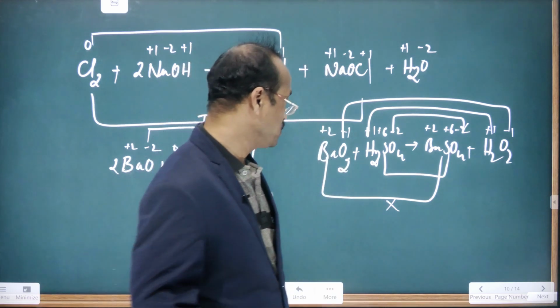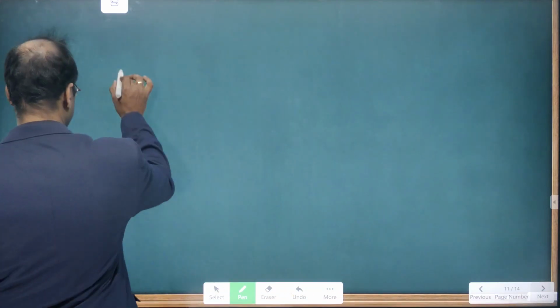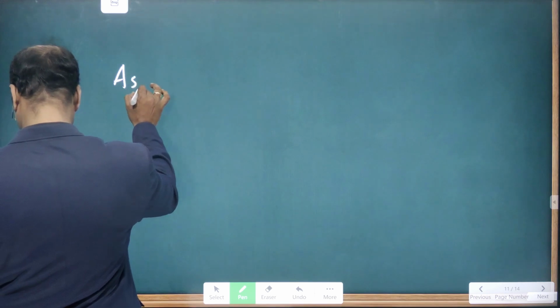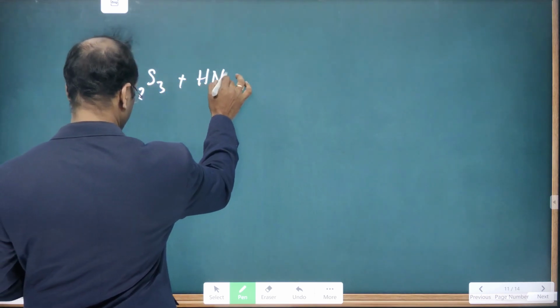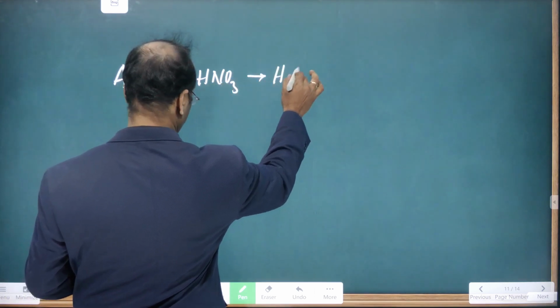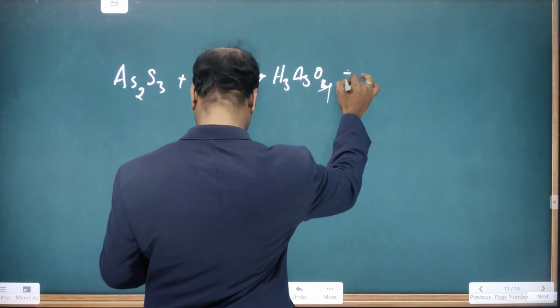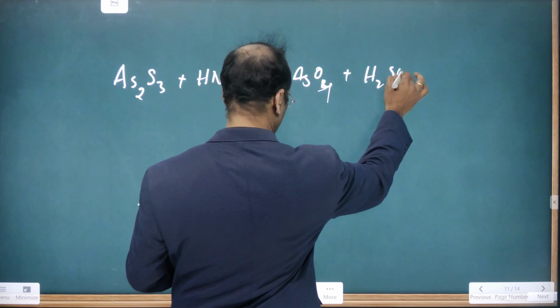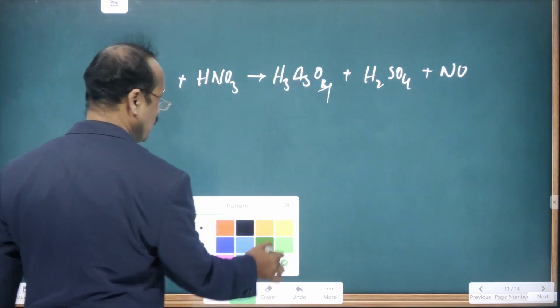The fourth reaction is As2S3 combining with nitric acid, HNO3, gives rise to H3AsO4 plus H2SO4 plus NO. Now observe carefully.